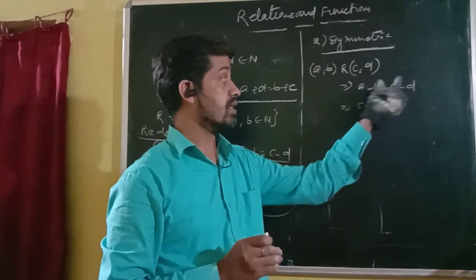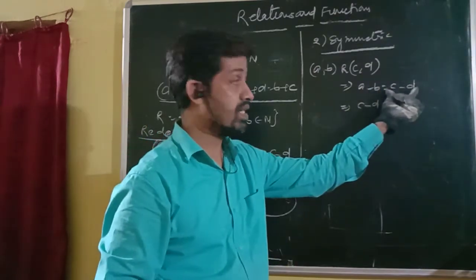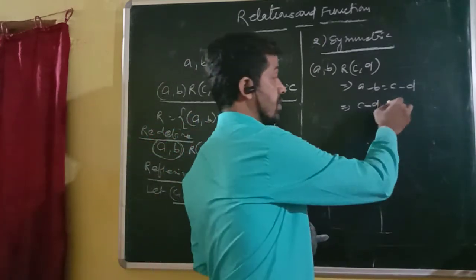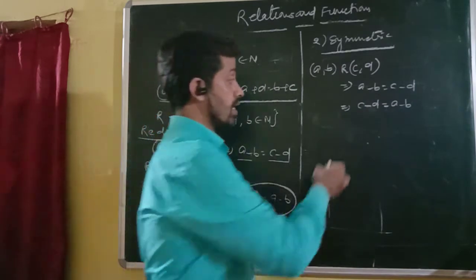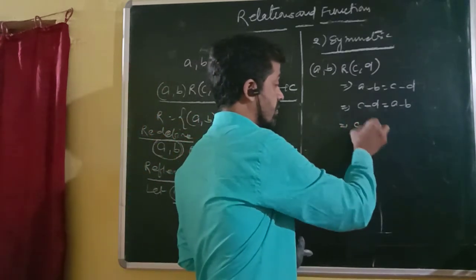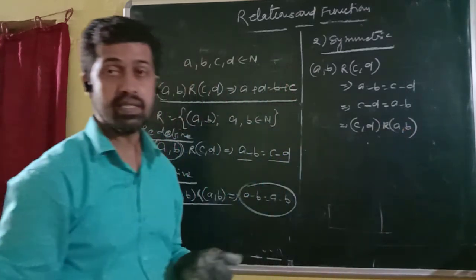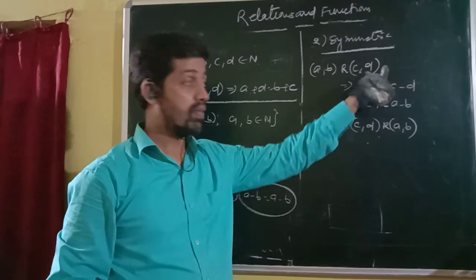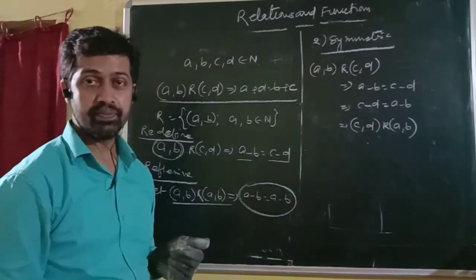What happens in lateral inversion? The right hand side becomes left hand, the left hand side becomes right hand. So C minus D, which is written here, we write on the other side. So C minus D equals A minus B, which is true. And this we can further write as CD is related to AB. So whenever AB is related to CD, in the same way CD is related to AB, hence the relation is symmetric.